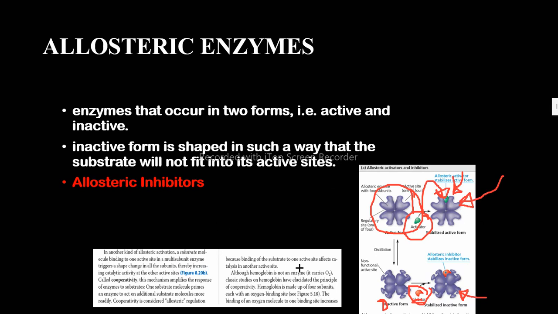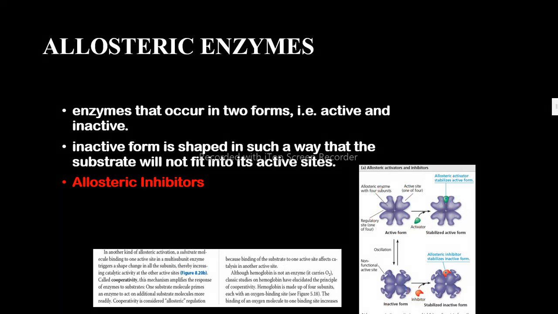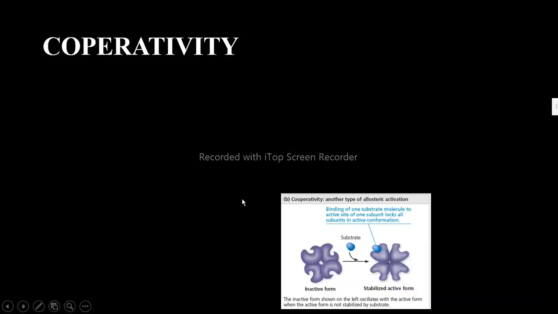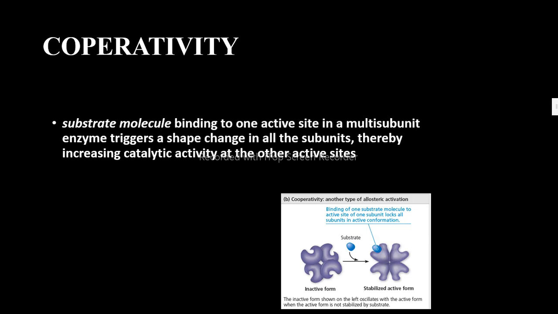Then we have enzymes that have more than one active site. We have proteins with more than one active site. These proteins have what we call cooperativity. The active sites are cooperative, whereby with enzymes that have more than one active site, for the first binding of the substrate molecule it might be hard, it might require some energy, in quotes.